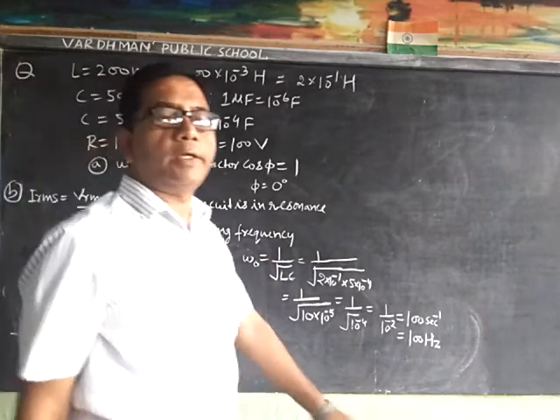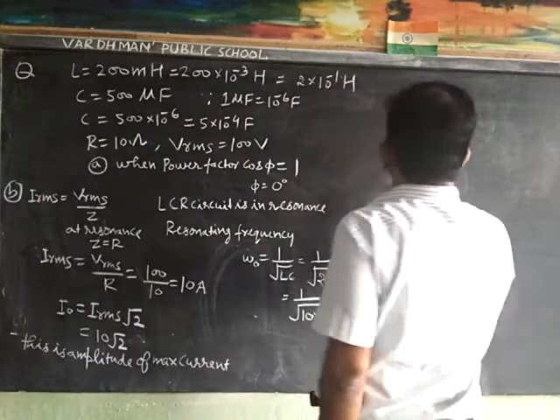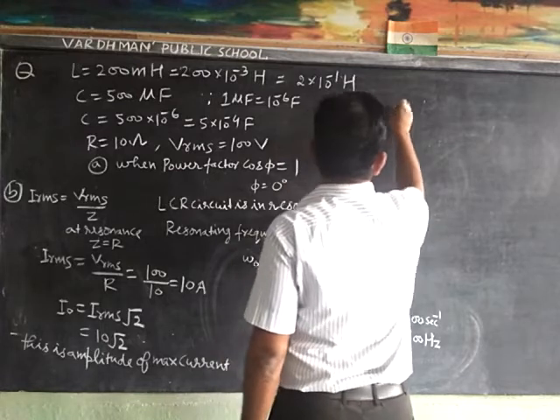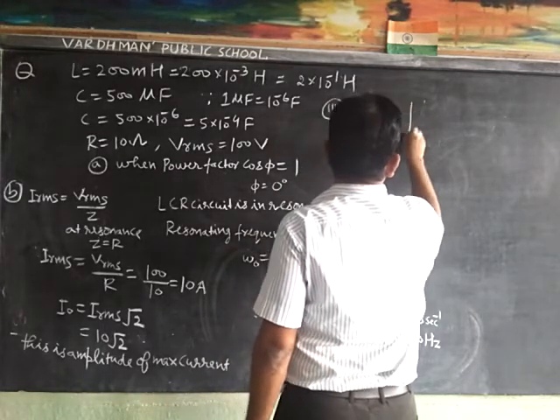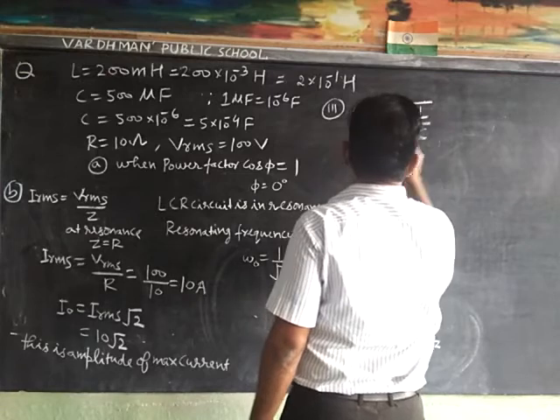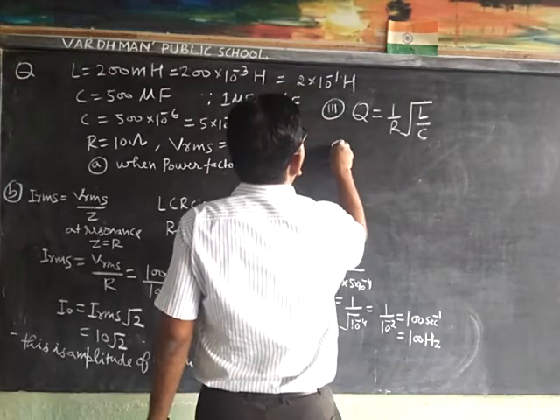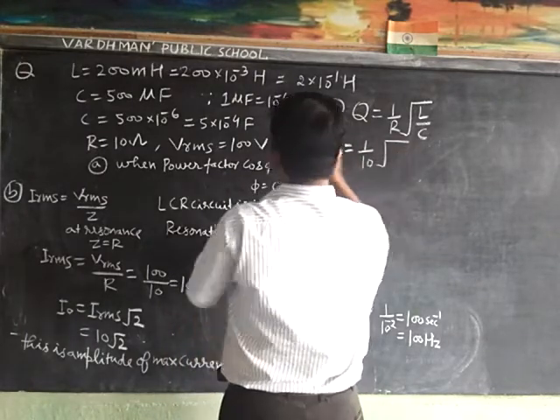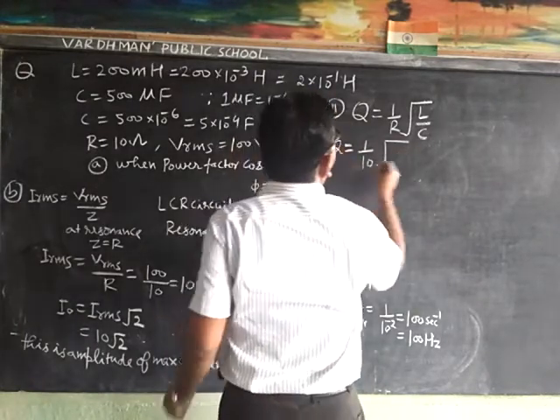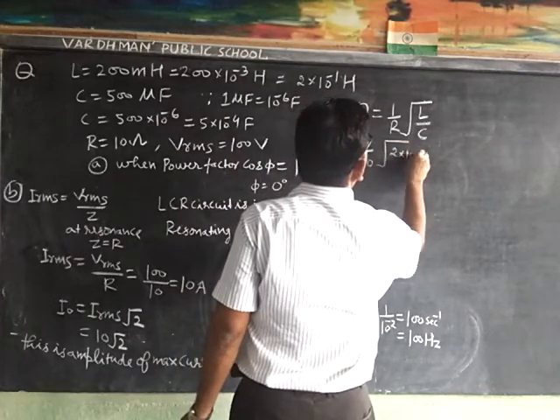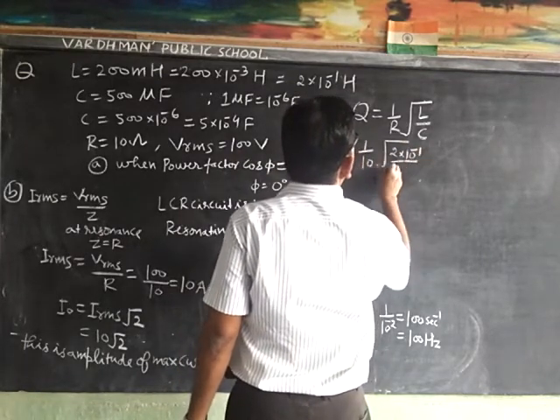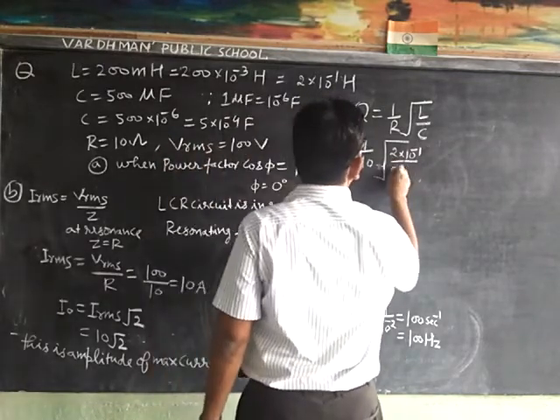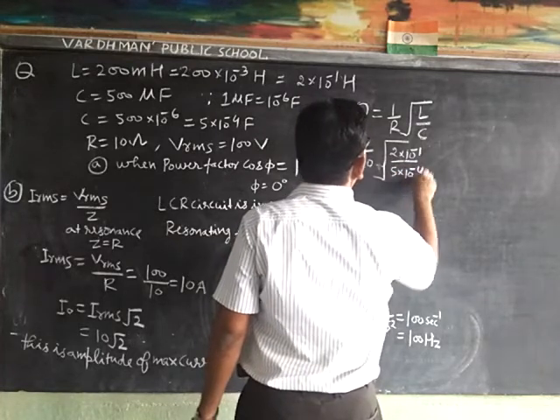Now we have to find the third, Q factor. Q factor is equal to 1 upon R under root L upon C. That is Q is equal to 1 upon 10 under root of L, 2 into 10 power minus 1, upon C, 5 into 10 power minus 4.